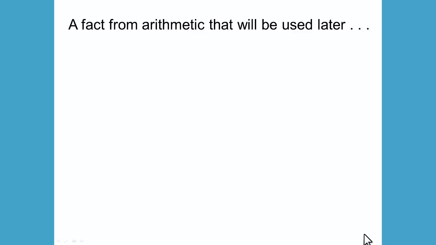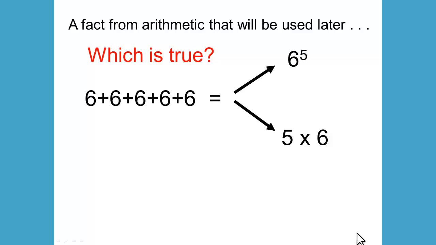Before we start, we need to do a quick review of an arithmetic fact. Which of these is true? 6 plus 6 plus 6 plus 6 plus 6 equals 6 to the 5th or 5 times 6. 6 to the 5th actually means 6 times 6 times 6 times 6 times 6, and multiplying 6 five times is not the same as adding 6 five times.